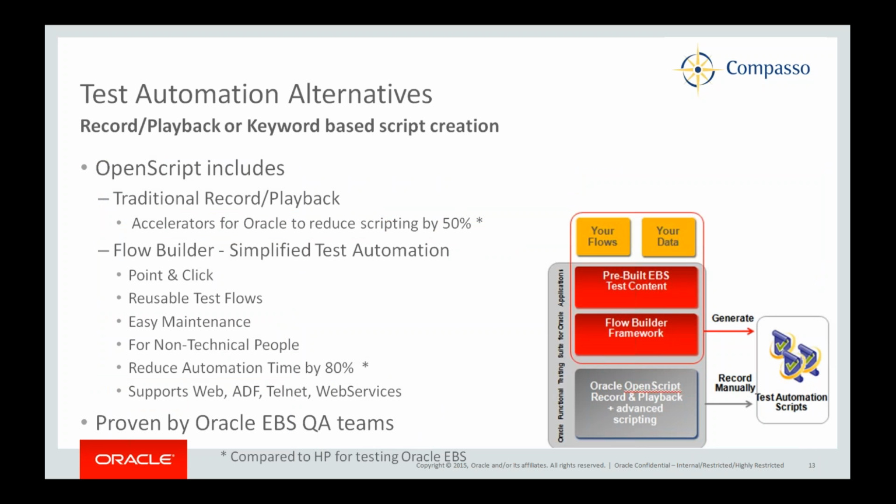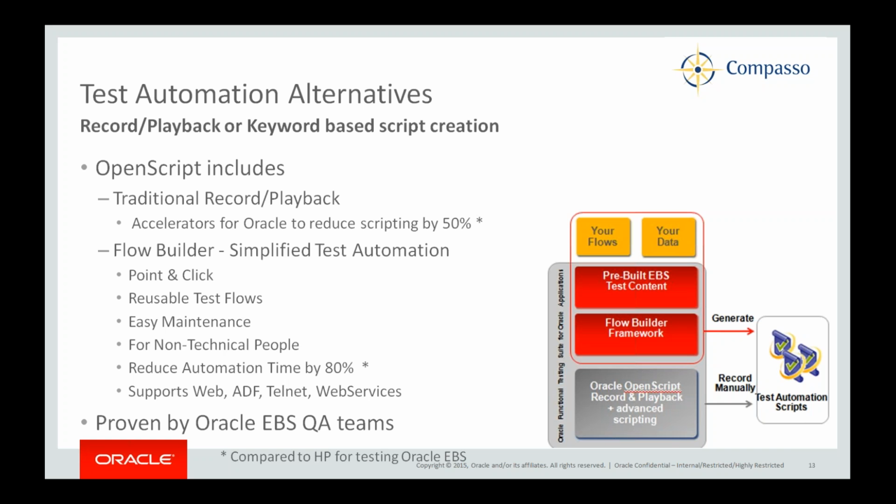When you have the Flow Builder solution alongside the traditional record and playback, you have a lot more options. You could either go and record your scripts, and when you have the accelerators, you are going to be able to reduce your scripting efforts pretty efficiently. What we've seen is that if you compare the Oracle solution with the HP solution, you can reduce the EBS scripting effort by about 50%.